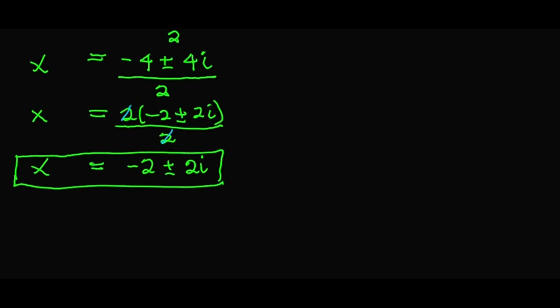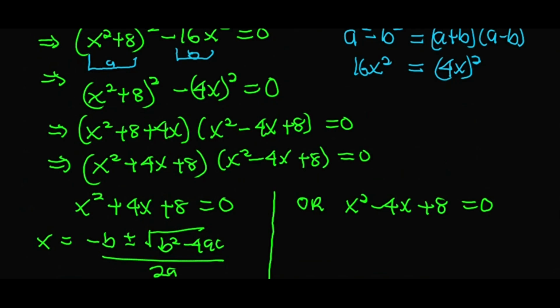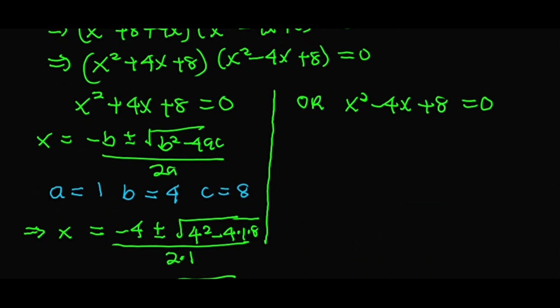Now let's look at the second part of the equation. So here we have x squared minus 4x plus 8 equals 0. So we're going to find x there using the general solution formula. Here a equals 1, b equals minus 4, c equals 8.